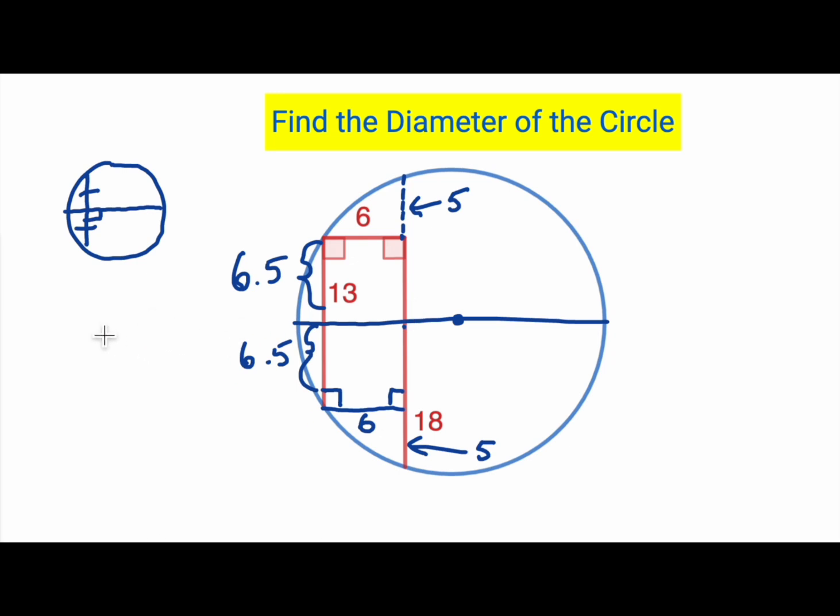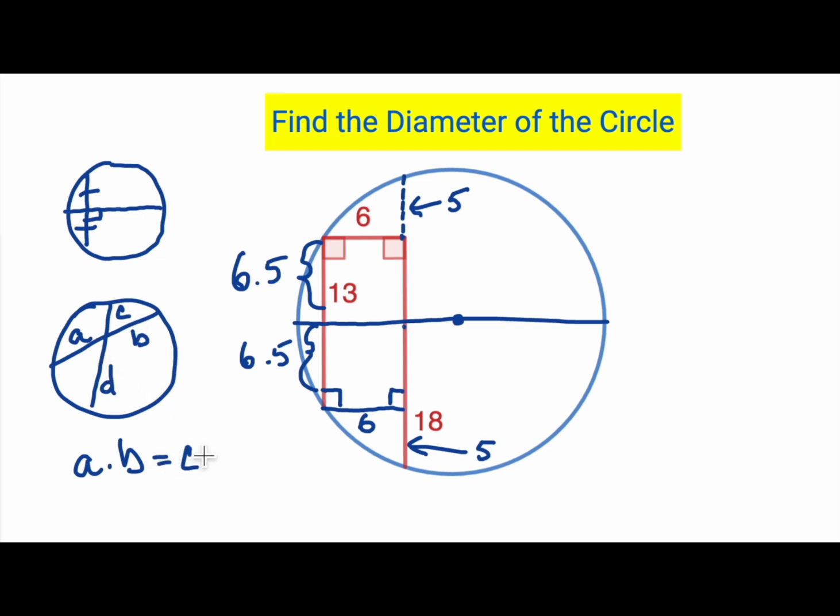Okay? The next theorem we have in a circle is if you have two chords intersect each other like this, then the product of those segments are going to be equal to each other. So A times B is equal to C times D. So what I'm going to do now is extend this line right here.